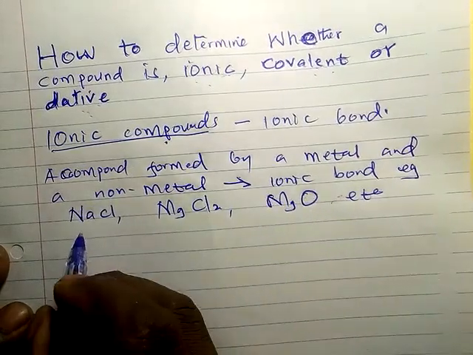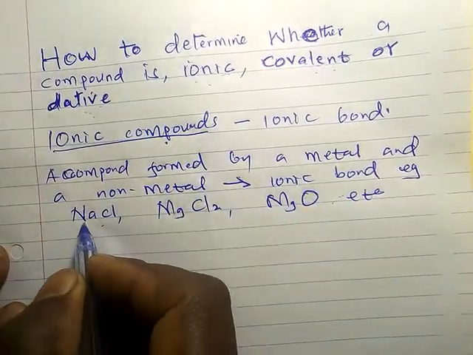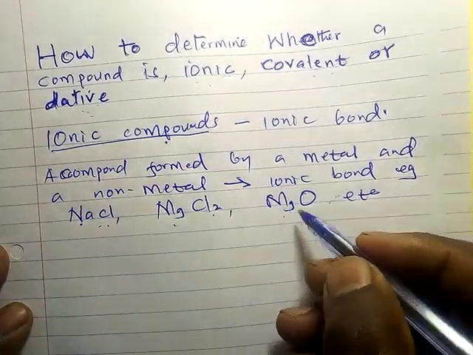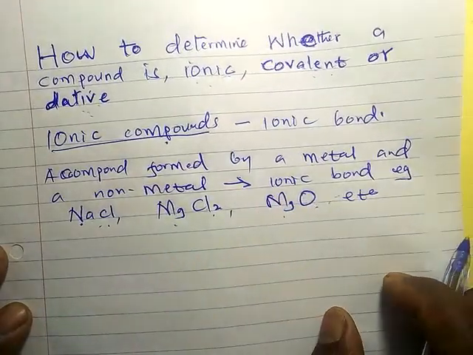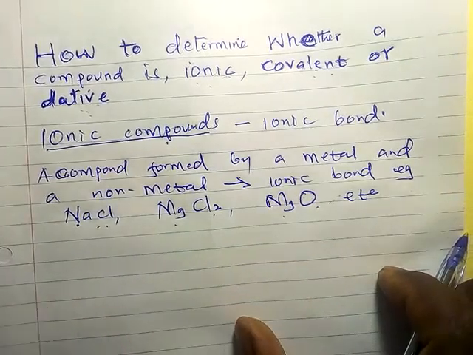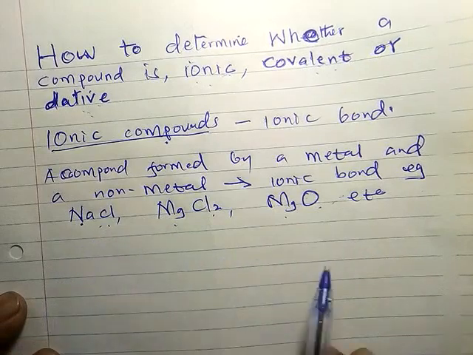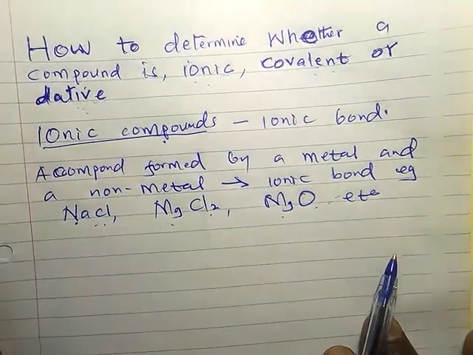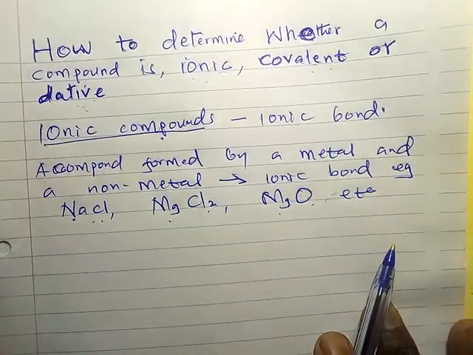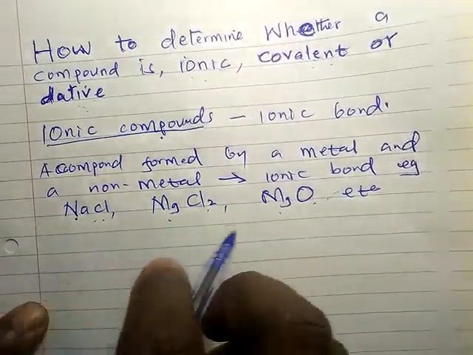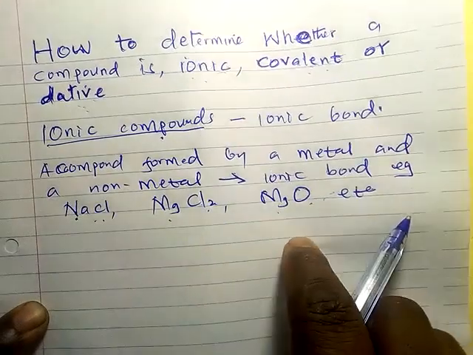So I will tell that this one is an ionic compound, because it is a compound formed between a metal and a non-metal, and so many examples. So when you see a compound which is formed by a metal and a non-metal, that one automatically is ionic bond. So ionic bonds have giant ionic structures.